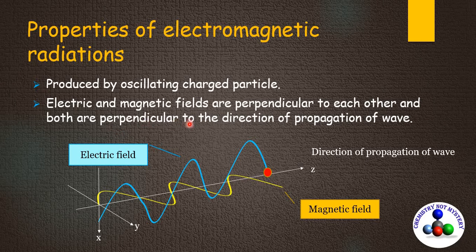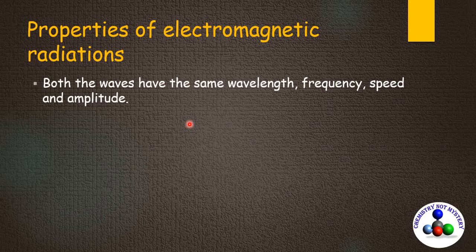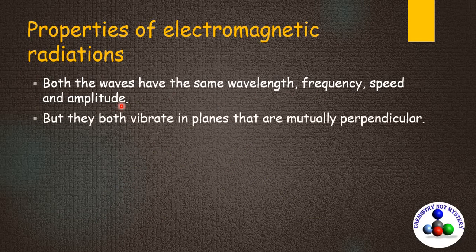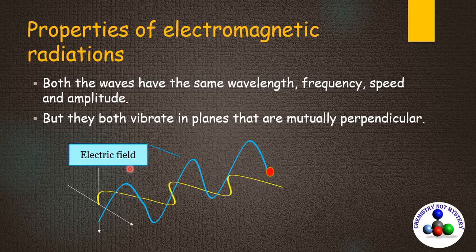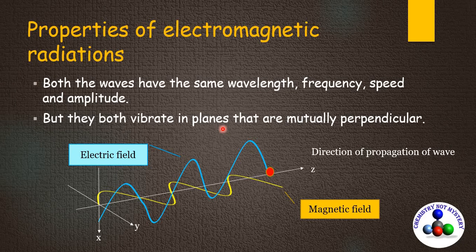Both the waves have same wavelength, frequency, speed and amplitude. That means electric wave and magnetic wave both are identical, but the only difference is that they both vibrate in planes that are mutually perpendicular.